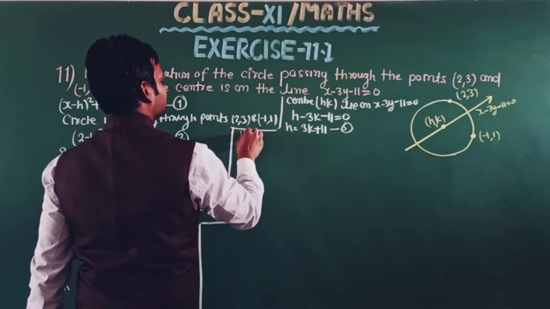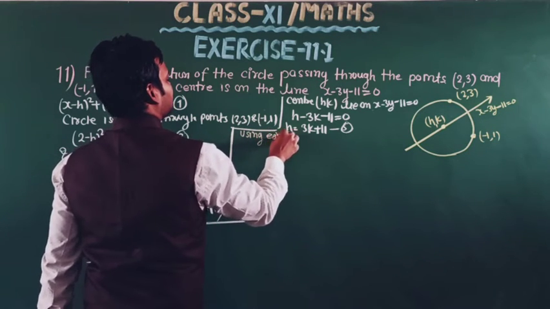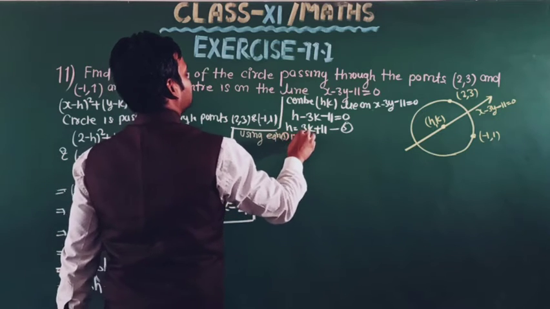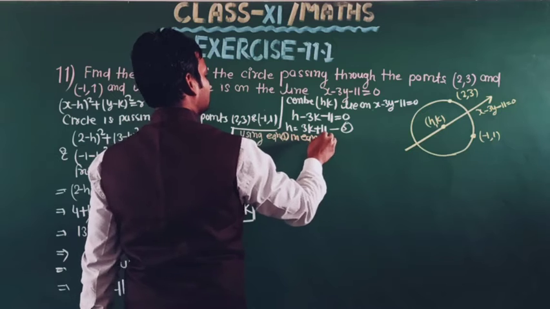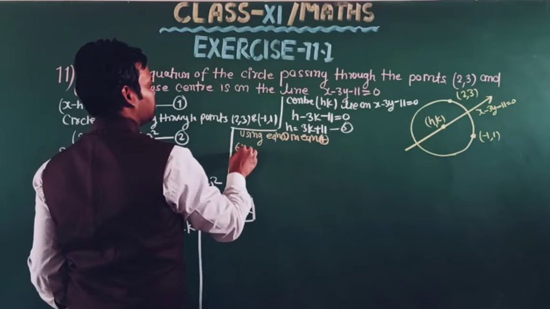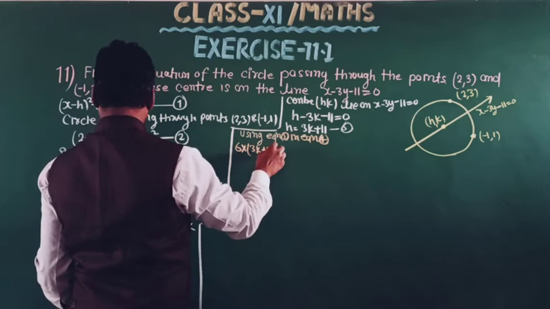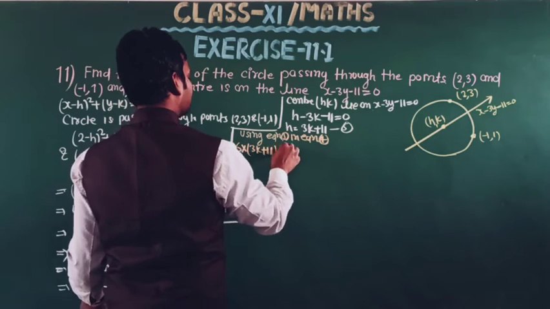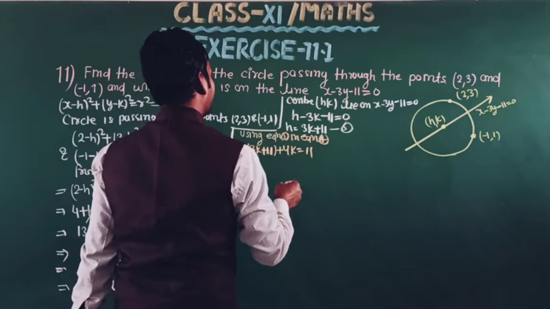Using equation 5 in equation 4, this becomes 6 into (3k plus 11) plus 4k equals 11.